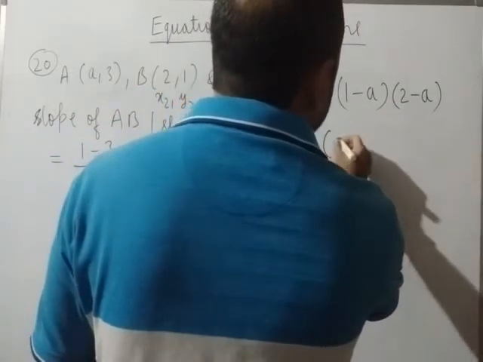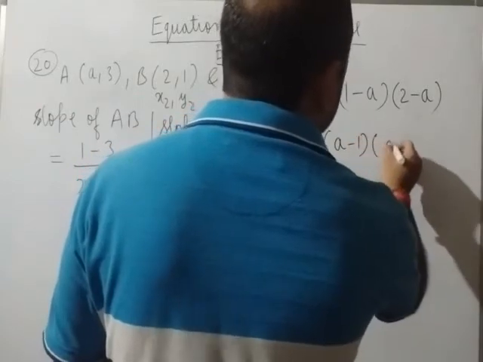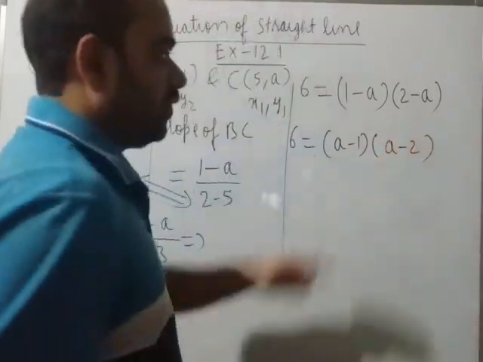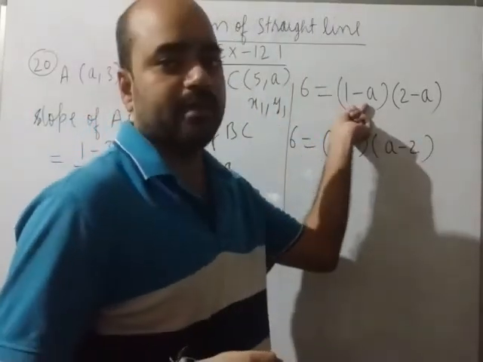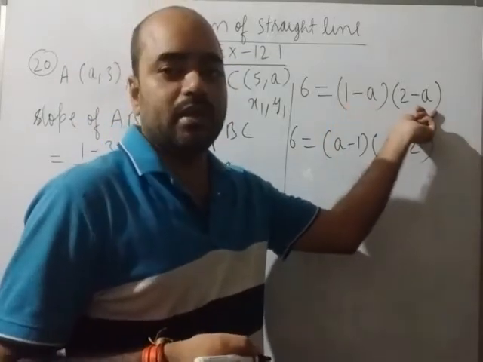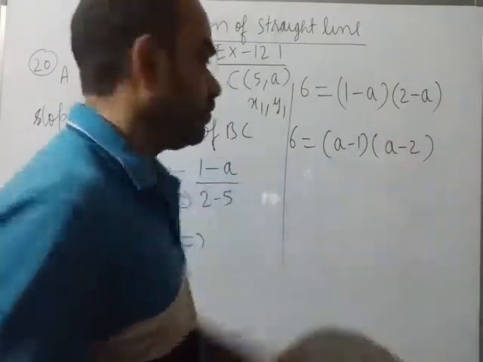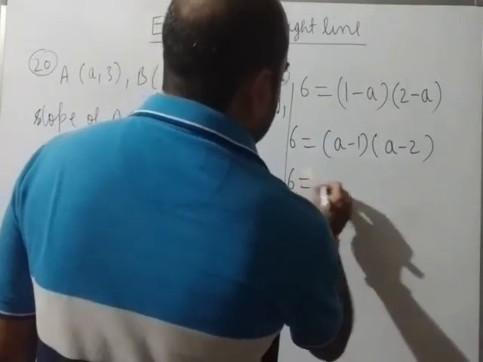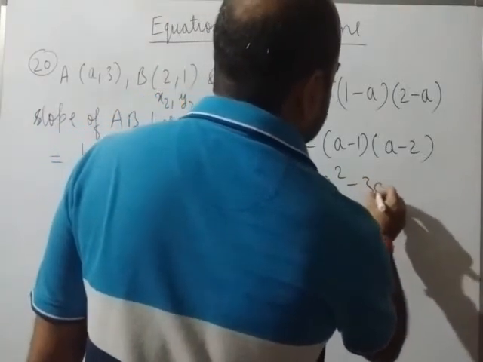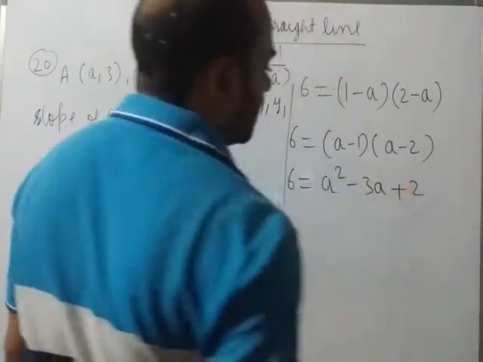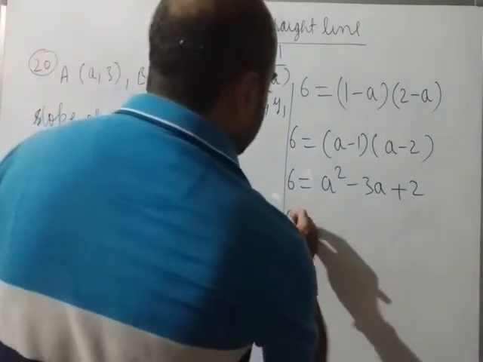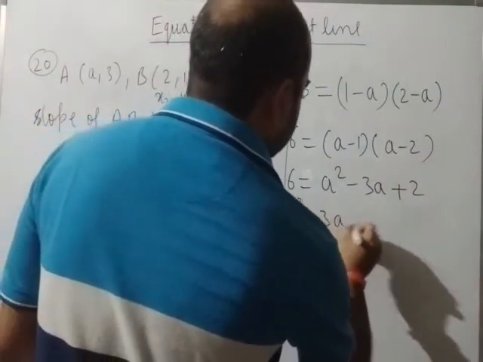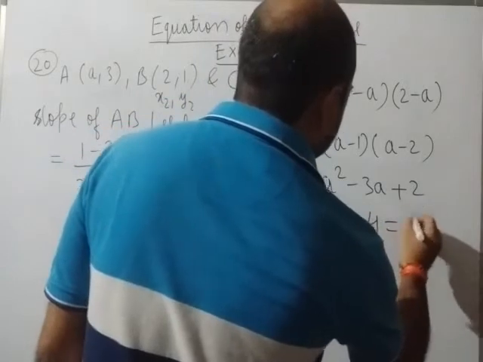You can write it like this: (a minus 1) and (a minus 2). If you take minus 1 common, this will become a minus 1 and give minus to the other bracket, this is a minus 2. It means this is a square minus 3a plus 2. Correct? Finally, the equation a square minus 3a minus 4 is equal to 0.